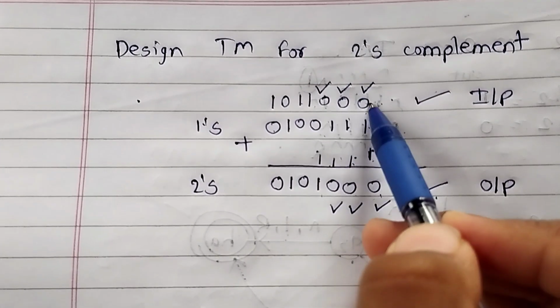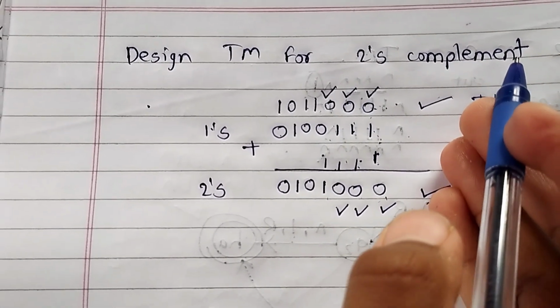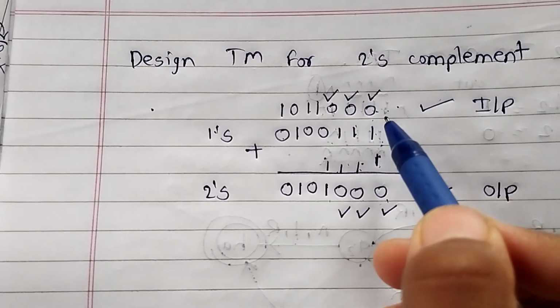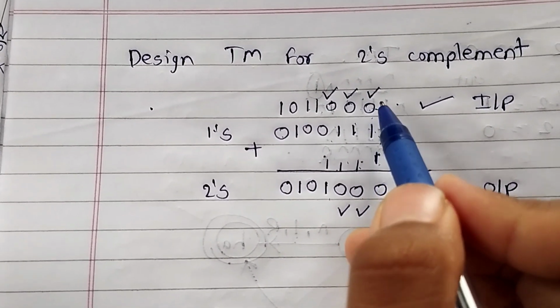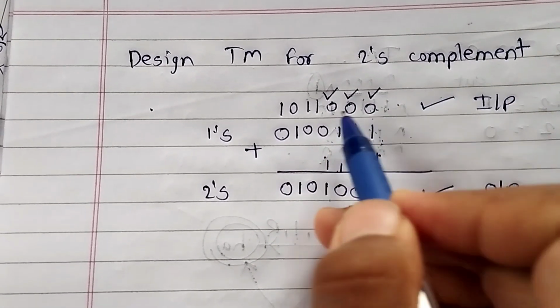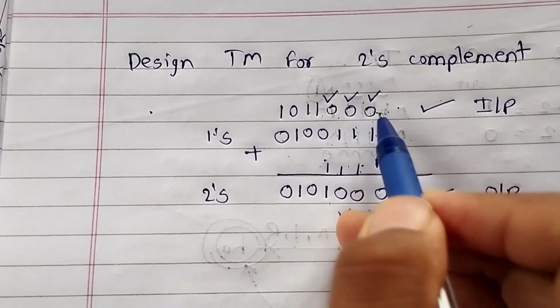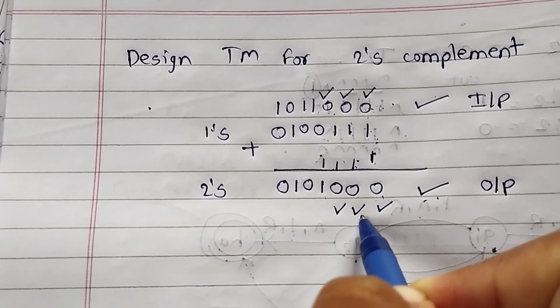If 3 zeros are present on the right side, we travel now to the right side. If the zeros are continuously present on the right side, keep these zeros as they are in the output.